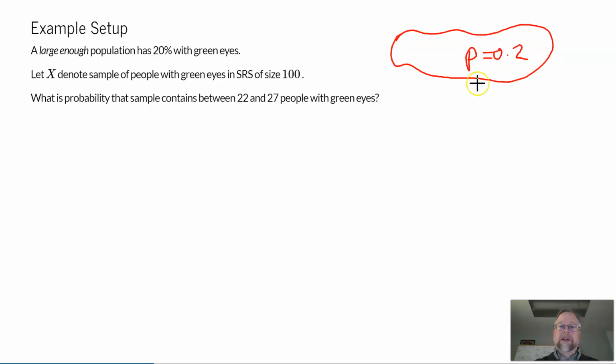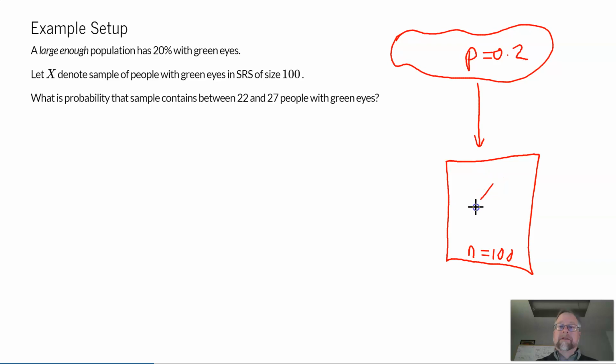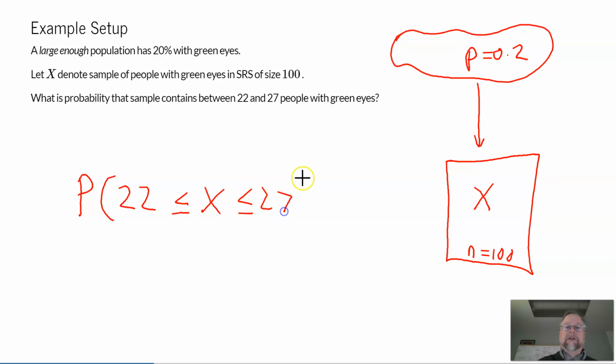And we're taking an SRS of size 100, and from that data we're going to get a sample count X. So our question is, what is the probability that that sample has between 22 and 27 people with green eyes? And that's what we would like to be able to answer.